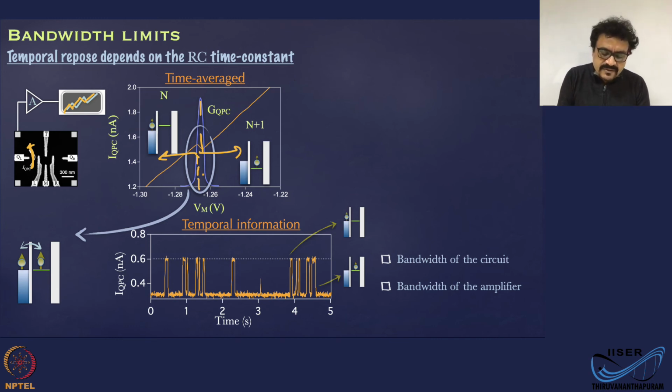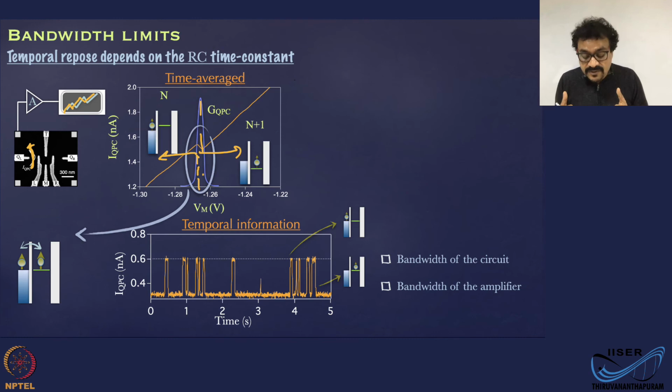So, what you would like to have, other than the average charge configuration, the average charge occupation, is the temporal information also. The temporal information has a lot of importance, especially when your transport mechanism is correlated. Okay.